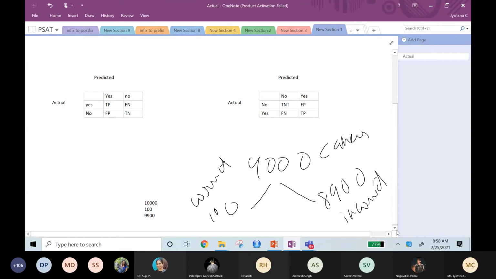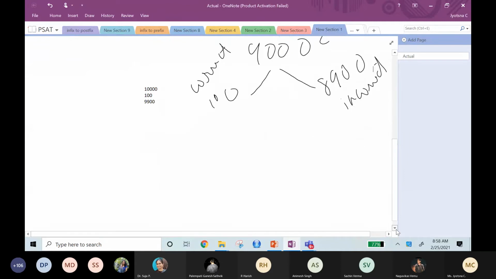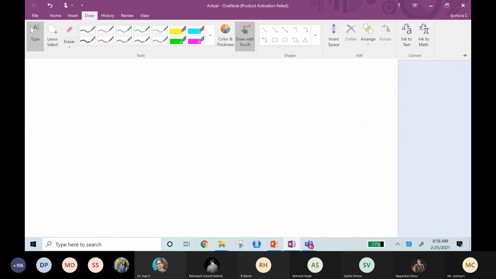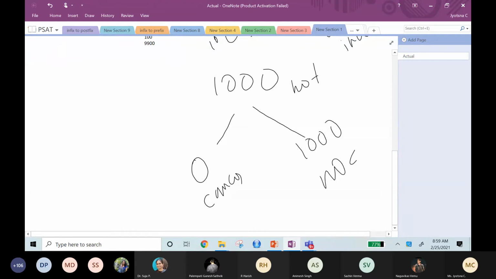And again, 1,000 are predicted as not having cancer. From that, 0 have cancer and 1,000 have no cancer.